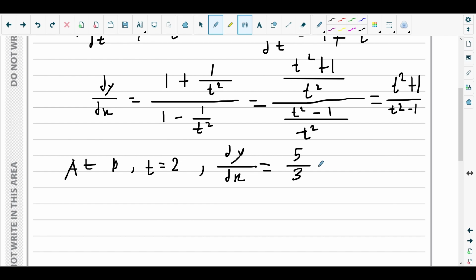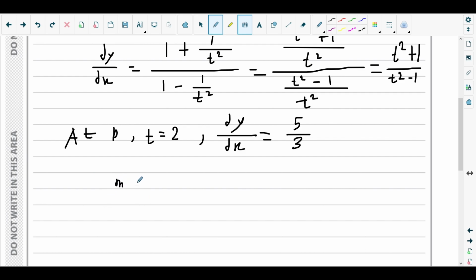Now line L is a normal, so the gradient for line L would be the negative inverse of the gradient of the tangent, negative 3 over 5.